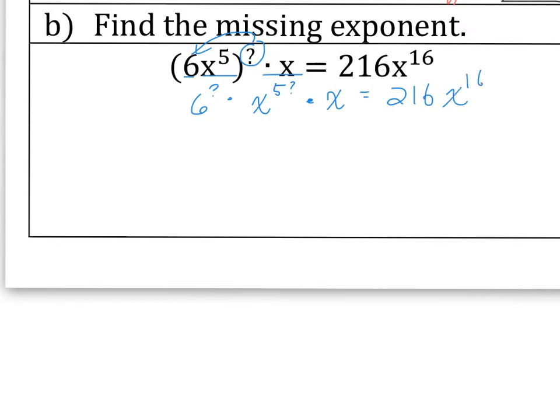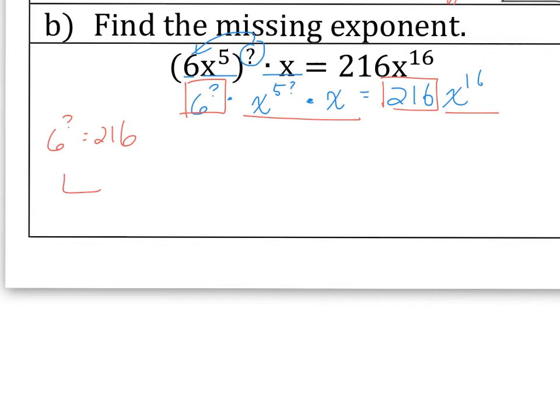Now I have two pairs here, 6 to the question mark with 216, or this pair. And I'm going to use 6 to the question mark equal to 216.